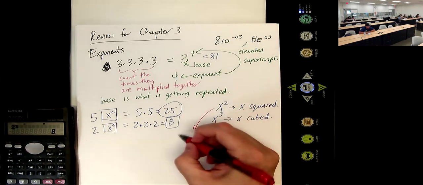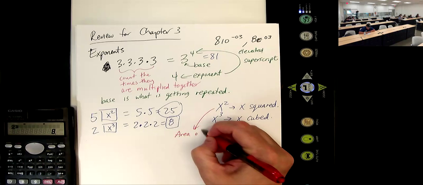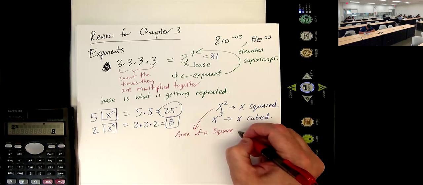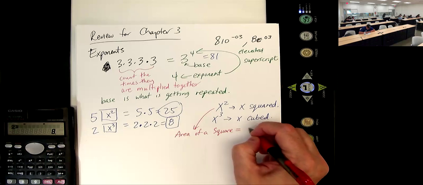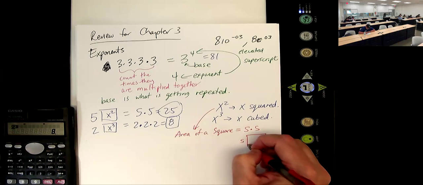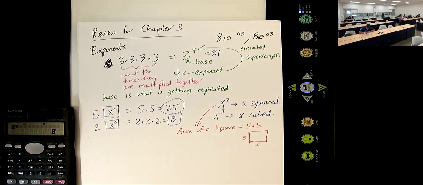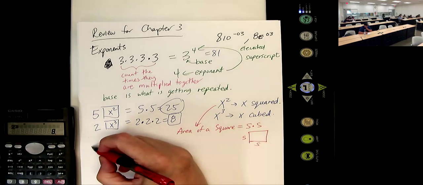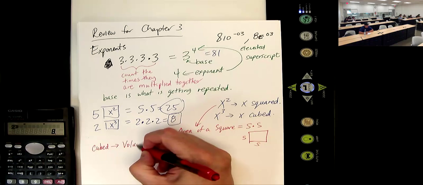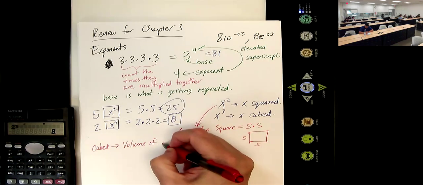Squared is related to the area of a square, which is why they call it that. Side times side. And cubed is related to the volume of a, guess what? Cube.